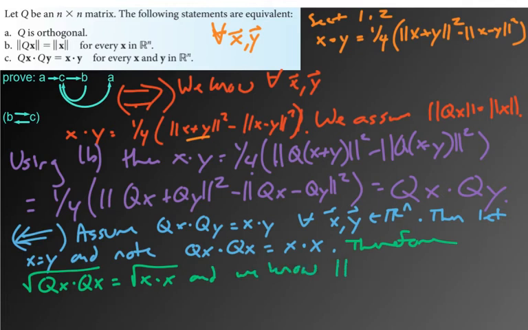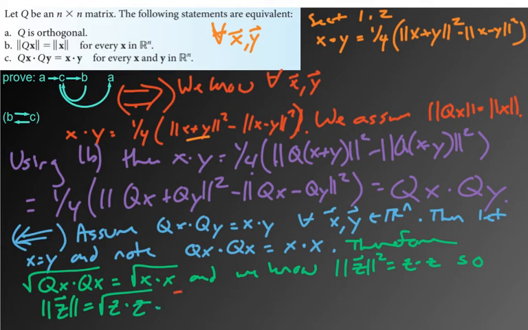And we know that the magnitude of, let's just, don't even need to bring Q into it, magnitude of some vector z squared is z dot z, right? So the magnitude of z is equal to the square root of z dot z, right?